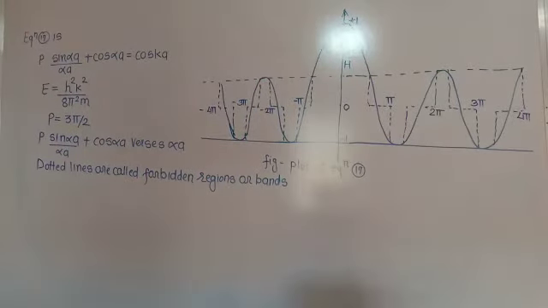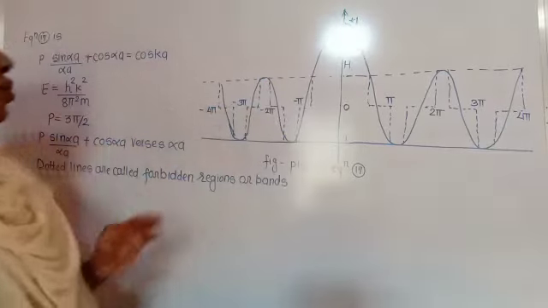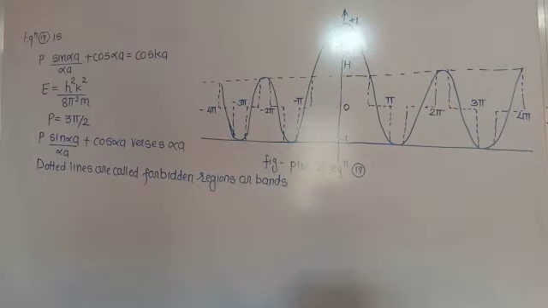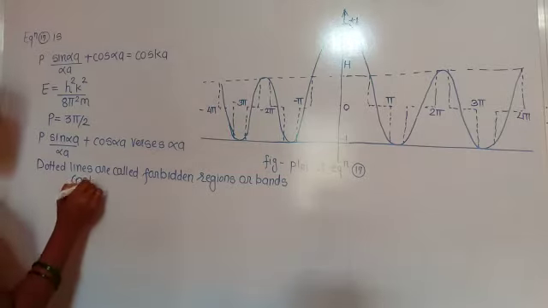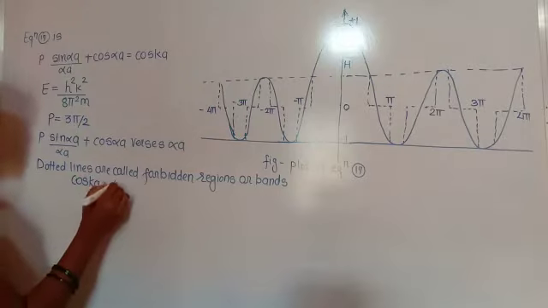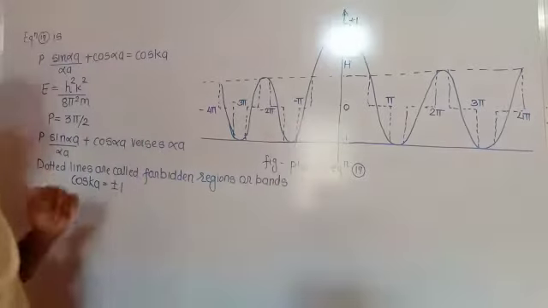The boundaries of the allowed energy levels correspond to the values of cos Ka equal to plus 1 and minus 1. Therefore, the boundaries of the allowed bands correspond to the values of cos Ka equal to plus or minus 1. It consists of minus 1 and plus 1 values for cos Ka.